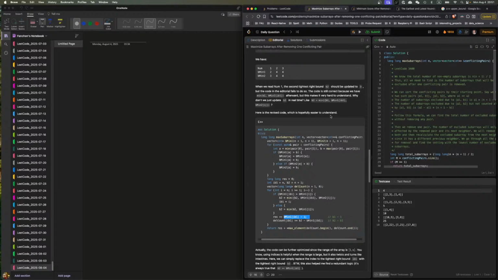So from every starting point, you want to find the smallest. Yes, you find the smallest. So this is the number of subarrays that you can get that do not contain both, right? And you also want to know the number, if the current gets deleted, right?